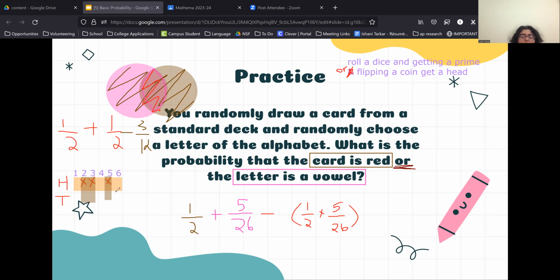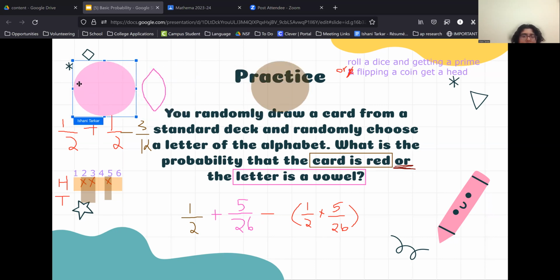But basically, if we look at a Venn diagram, we can see that there is in fact a place where the two circles intersect, right?